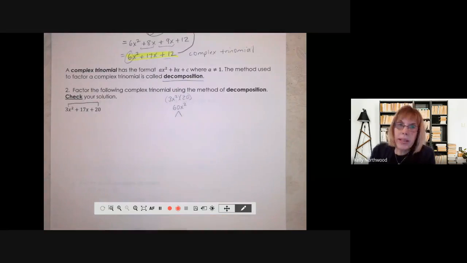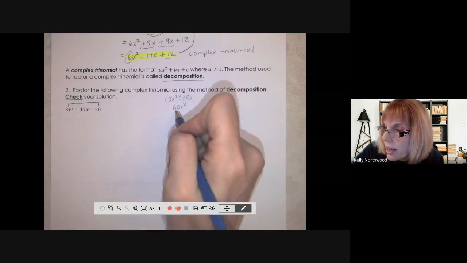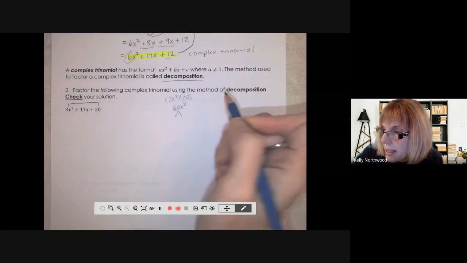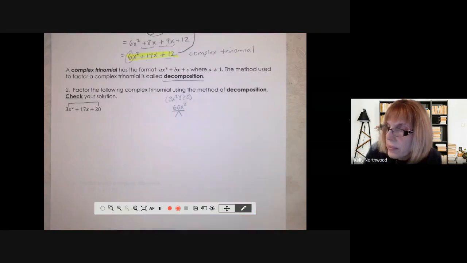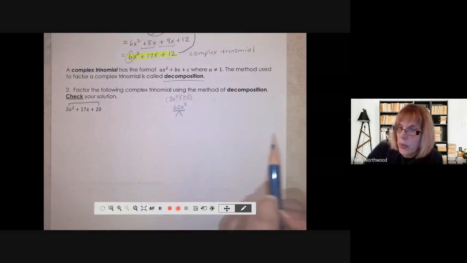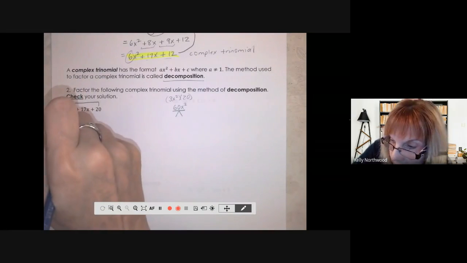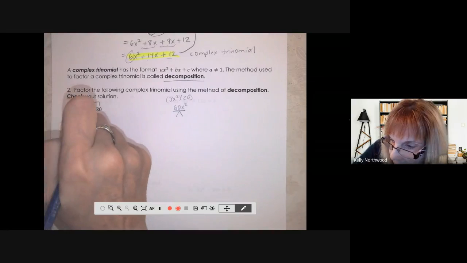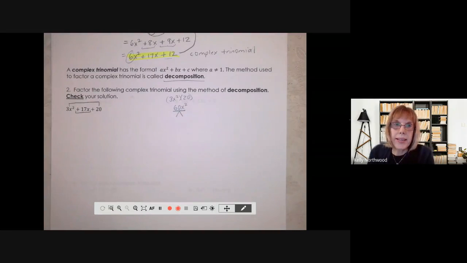And now, similar to yesterday, instead of just 2 numbers that multiply to 60, I want to find 2 terms that multiply to 60x squared. But not only do they have to multiply to 60x squared, similar to yesterday, not exactly the same, they have to add up to 17x. Positive 17x.